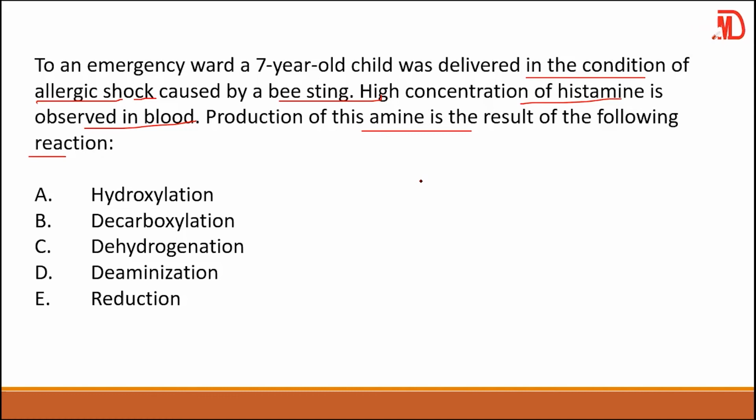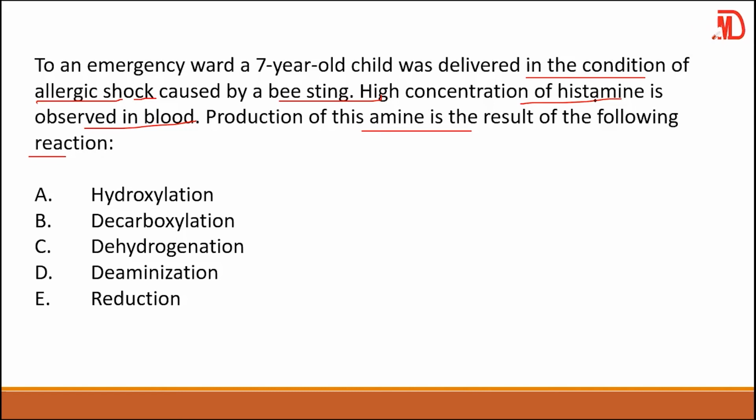So you're talking about degranulation of the mast cell. And if you're talking about that, definitely you are looking for decarboxylation. Because decarboxylation will make the histamine very active and it begins to cause a lot of trouble, leading to vasodilation and bronchoconstriction.